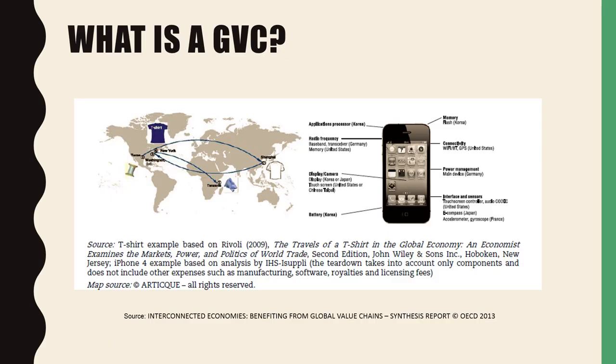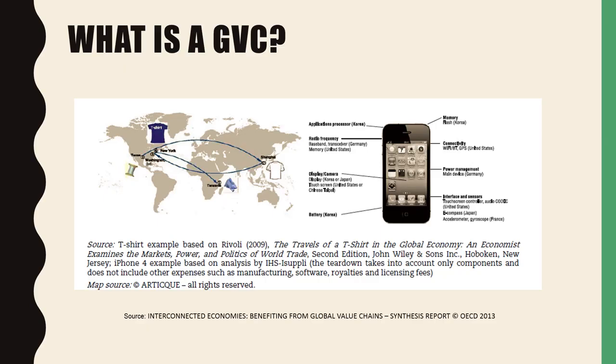Here are some examples of global value chains. Here we can see the production of a t-shirt. The raw material for a t-shirt, the cotton, is grown in the United States and exported to Shanghai, China for manufacturing.